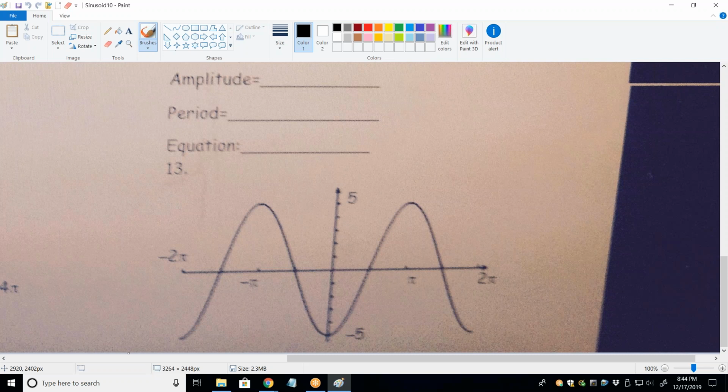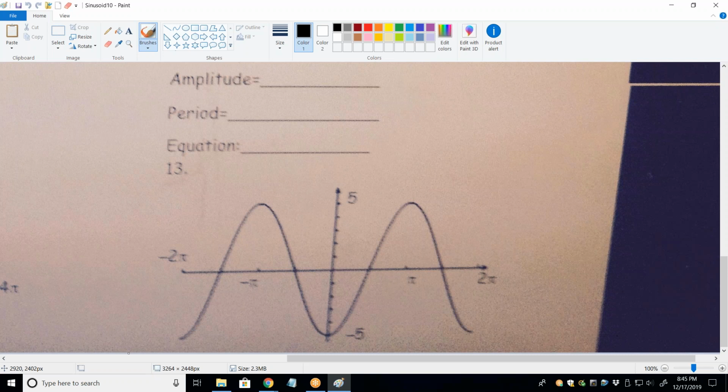So let's talk about if they don't tell you whether they want a sine or a cosine, you generally use whichever one has the least phase shift. Okay, you got it? That's the rule.